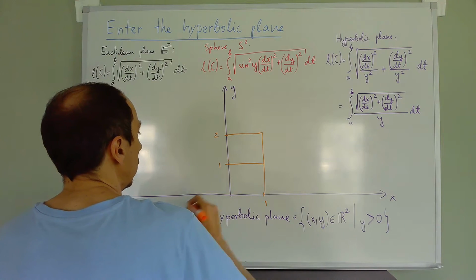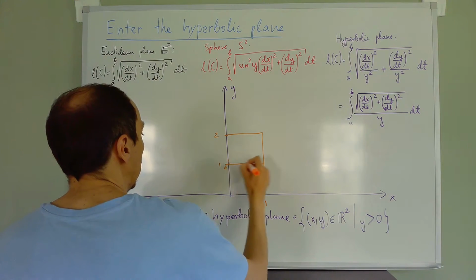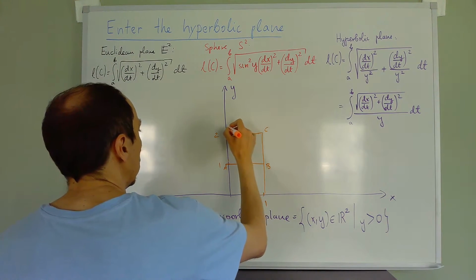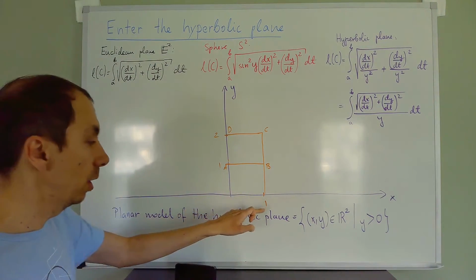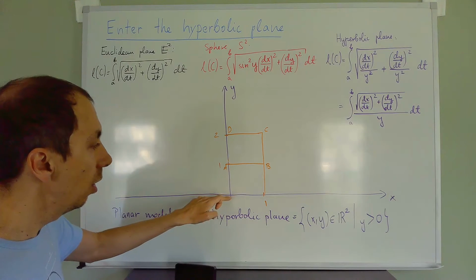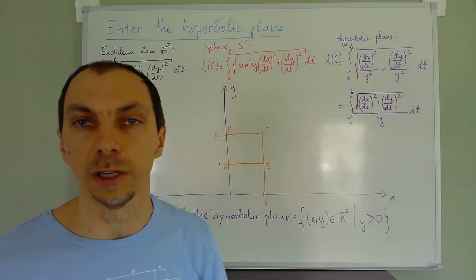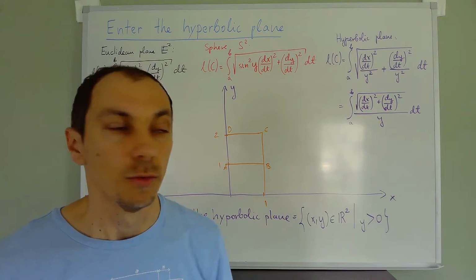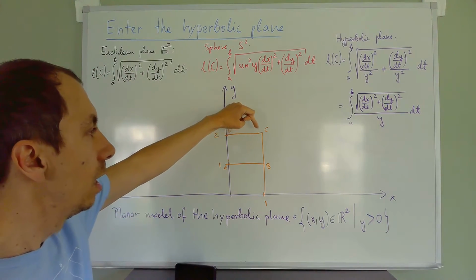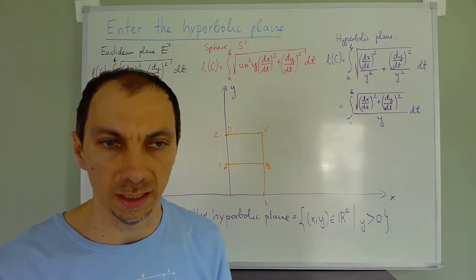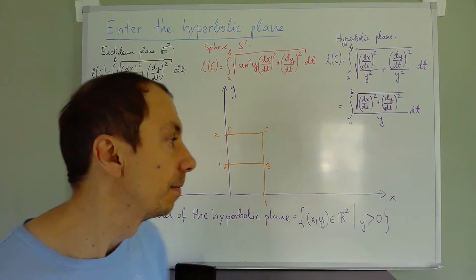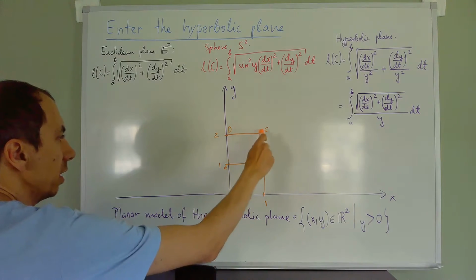I'll call this A, B, C, D. Let's look at this square first, because that one is somehow suspicious, because its vertices lie on the x-axis, and the x-axis is not part of the hyperbolic plane. So you might think, what happens there? As people approach the x-axis on the hyperbolic plane, do they just see that the world suddenly ends? Well, let's first deal with this.